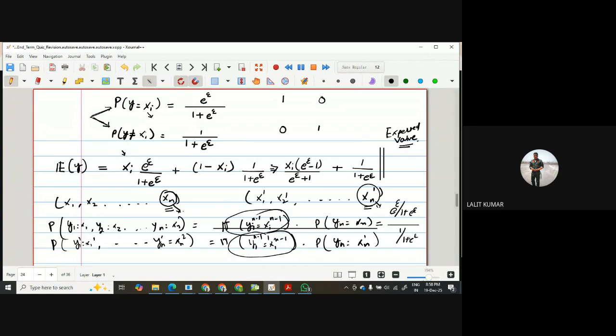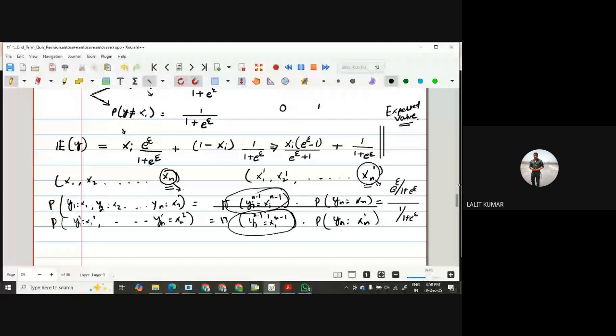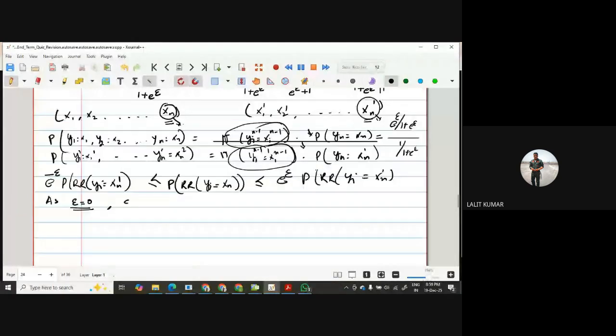So from here we get the formula I just mentioned: the probability of the random response where yi is equal to xn is less than or equal to e to power epsilon times the probability of the random response where yi is equal to xn prime, and likewise with e to power minus epsilon on the other side.